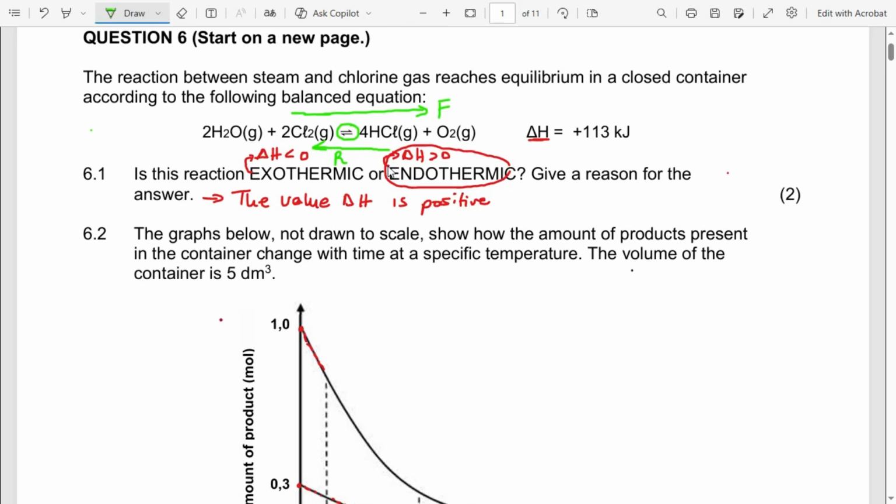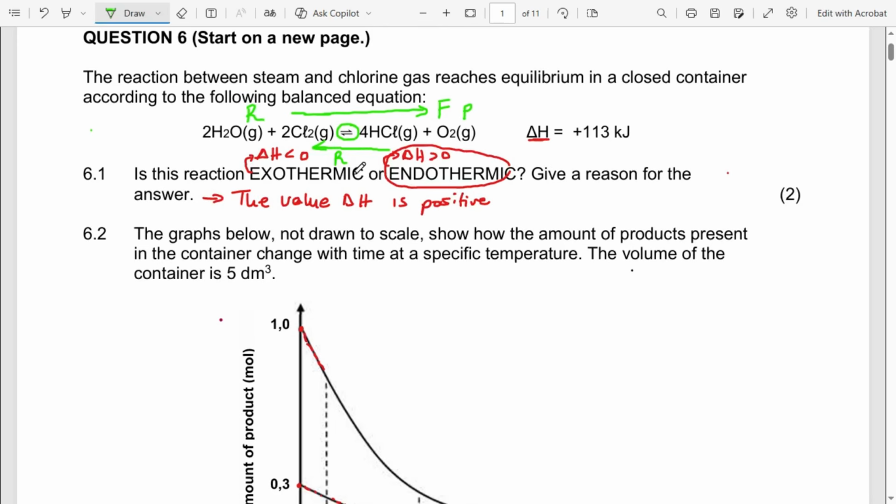What I need you to understand is that these are your reactants, and then we form the products. So if the amount of reactants is decreasing, the forward reaction is favored. And if the amount of products is decreasing, the reverse reaction is favored.